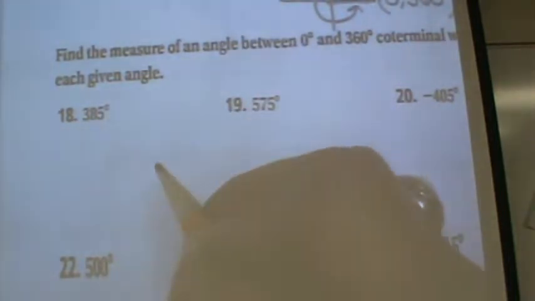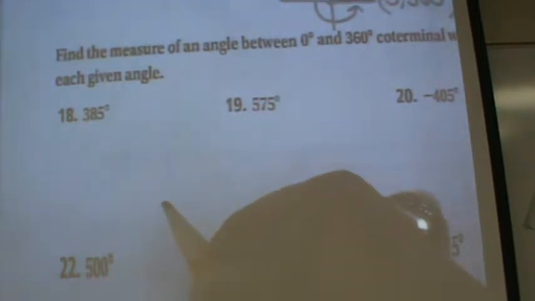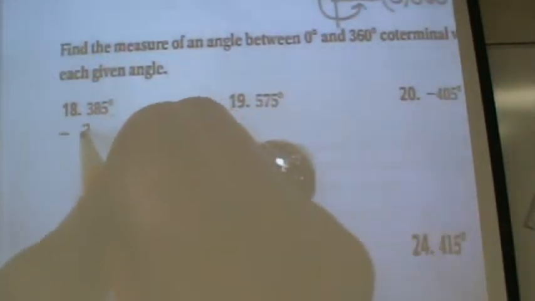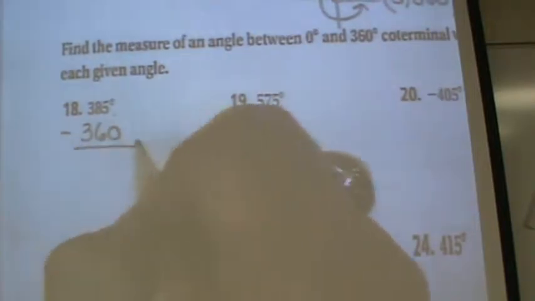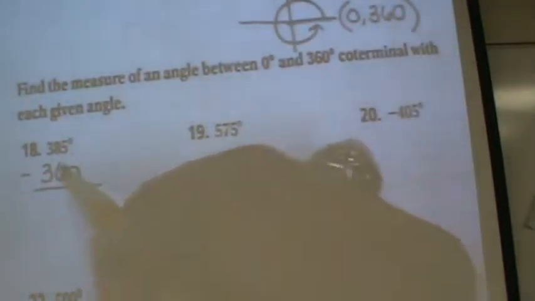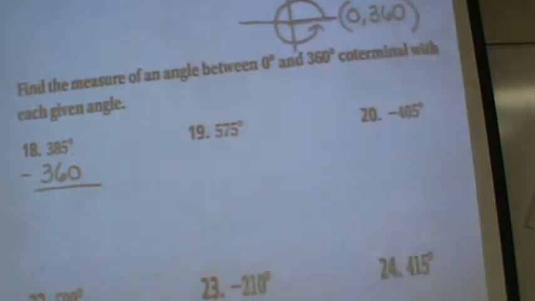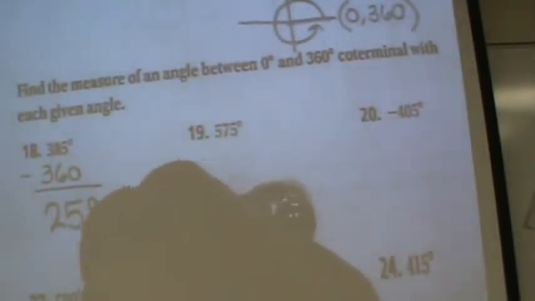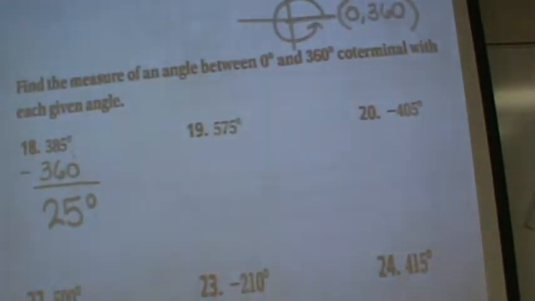What should I do with that to find a coterminal? Subtract 360. Why did you figure to subtract 360? You want to find the one between 0 and 360. Yes, you're looking for the number between 0 and 360. So what do you get? 25. So a 25-degree angle is coterminal with the 385.